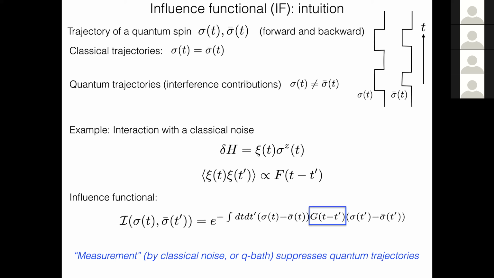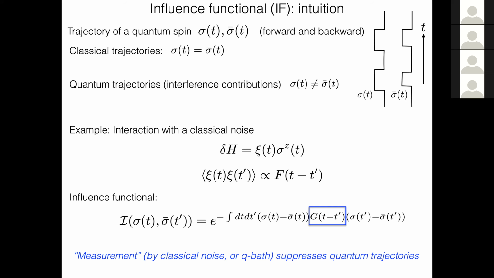As the simplest possible model of environment, let me choose classical noise, a classically fluctuating field in the z direction. This field has some correlator, f of t minus t bar. In that case, your influence functional would be quadratic, and it would look like shown here.